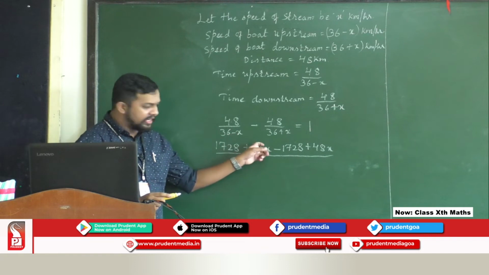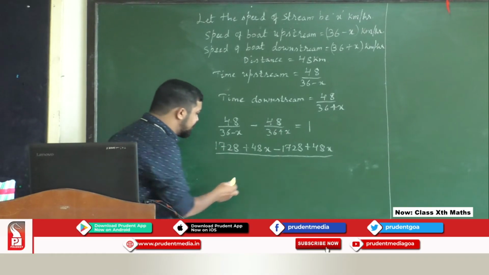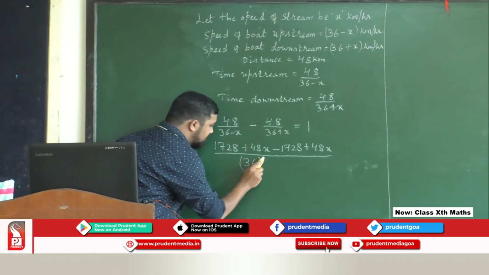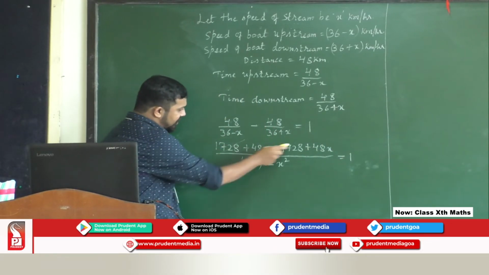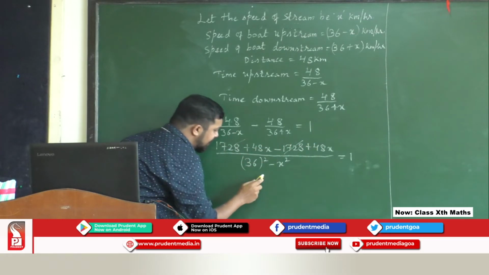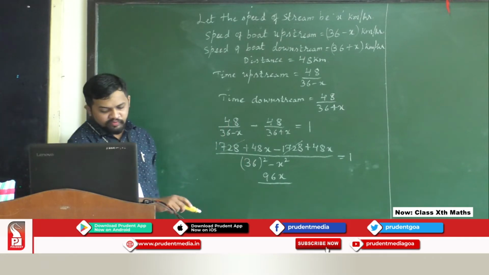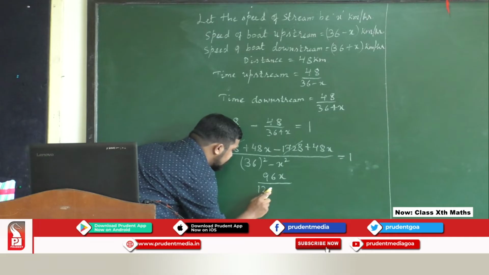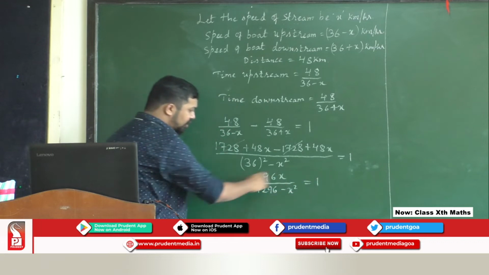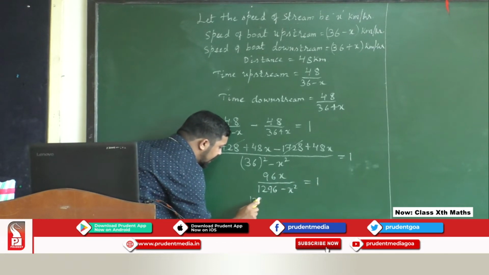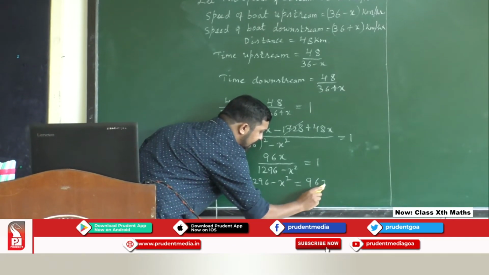If you see here, there is one identity, 36 minus x, 36 plus x, that is a minus b, a plus b, that is a square minus b square, equal to 1. 1728 cancel, 48x plus 48x, 96x. 36 square will be 1296 minus x square equal to 1. Cross multiply now. So 1296 minus x square equal to 96x.